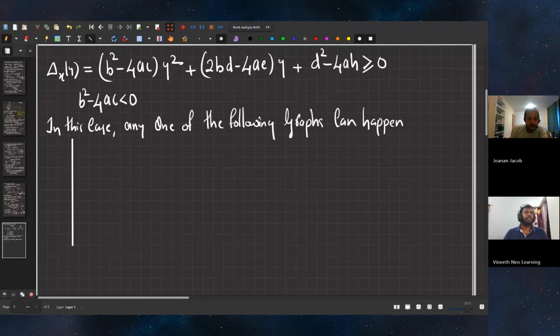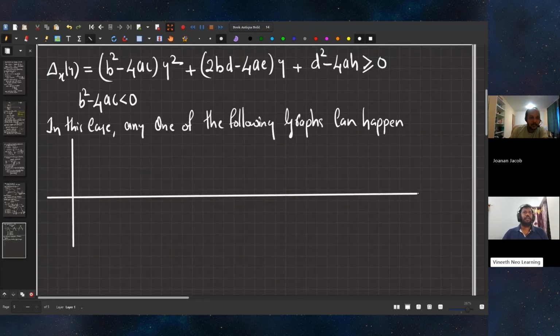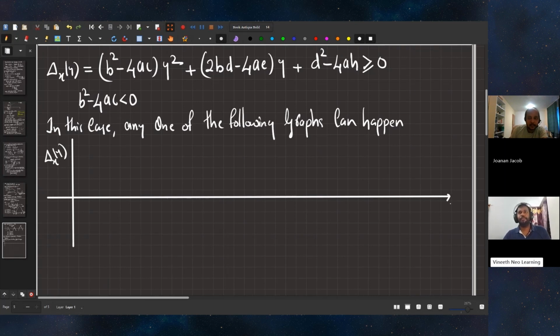So let me write. This is delta x of y. This is our f of x, and instead of x we have y here. And it can be like this, or it can touch on a single point, or it can cross.